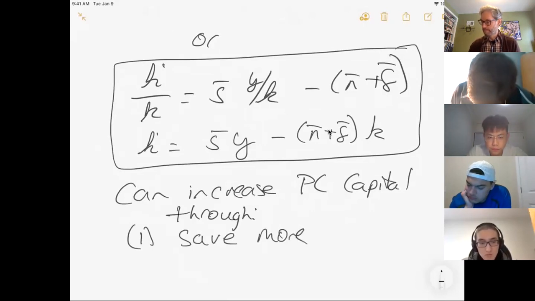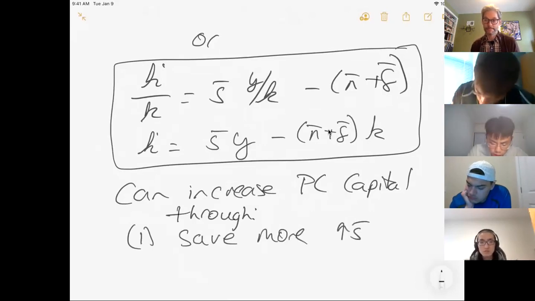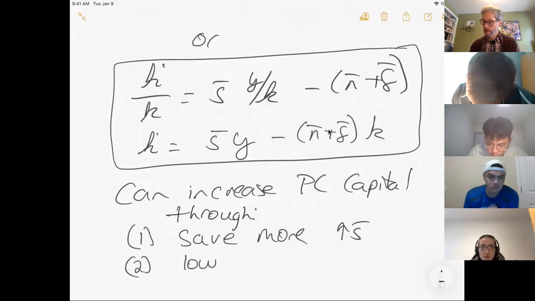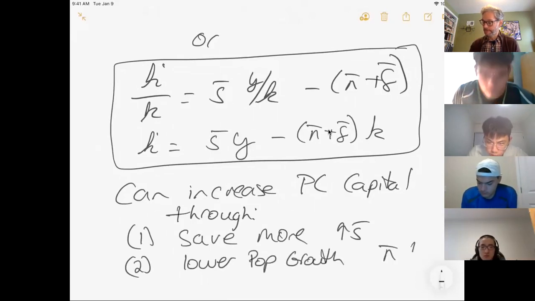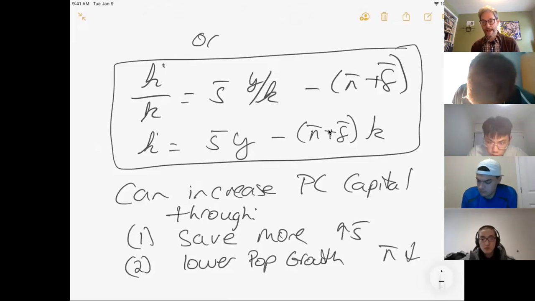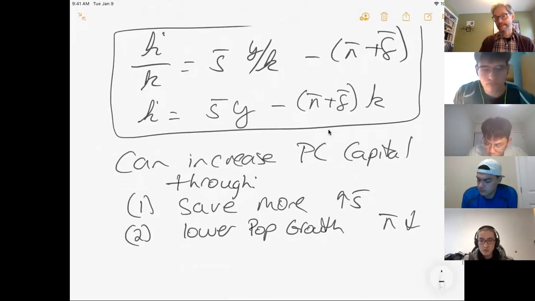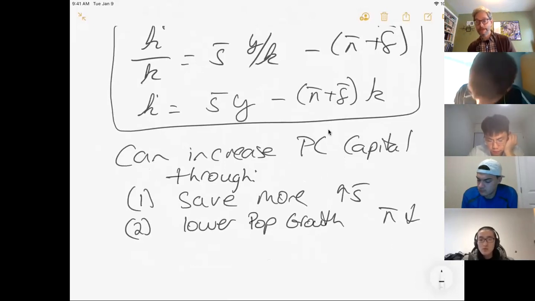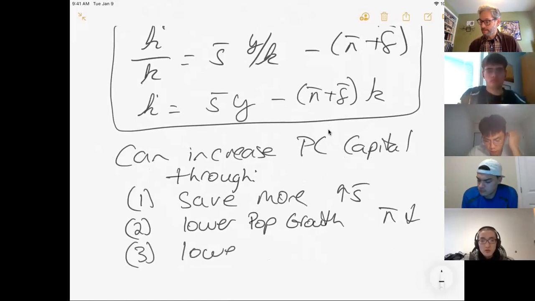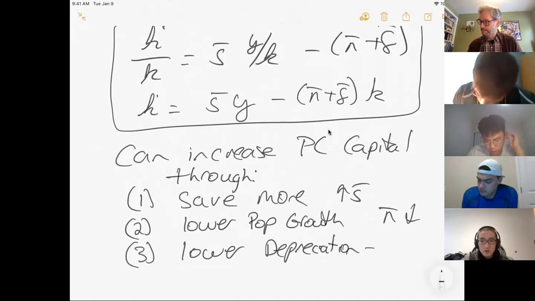You save more, meaning you increase S bar. Or you lower population growth, meaning you lower N bar. Because remember, it's per capita capital, right? So you're either going to have to save more and make more capital, or you're going to have fewer people per capital. Or the other thing is, you're going to somehow have to reduce depreciation.